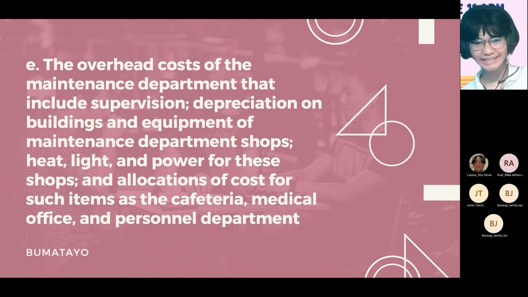Next, letter E. The overhead costs of the maintenance department that include supervision, depreciation on buildings, and equipment of maintenance department shops, heat, light, and power for these shops, and an allocation of cost for such items as the cafeteria, medical office, and personnel department. The business is in the position of paying some expenses incurred within the operation.